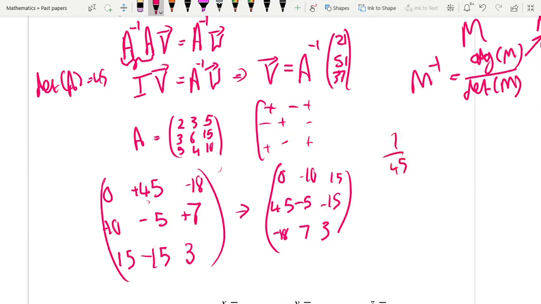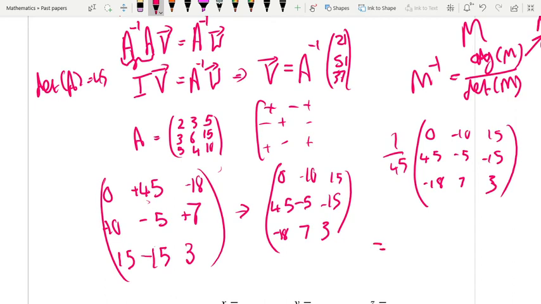So 1 over 45, and this looks very gross. 0, 10, 15, 45, minus 5, minus 15, minus 18, 7, and 3. I say this looks gross, 45 cancels quite nicely, and all the others do, but there's a 7 in that, 7 45ths. That is not nice. So this is 0.